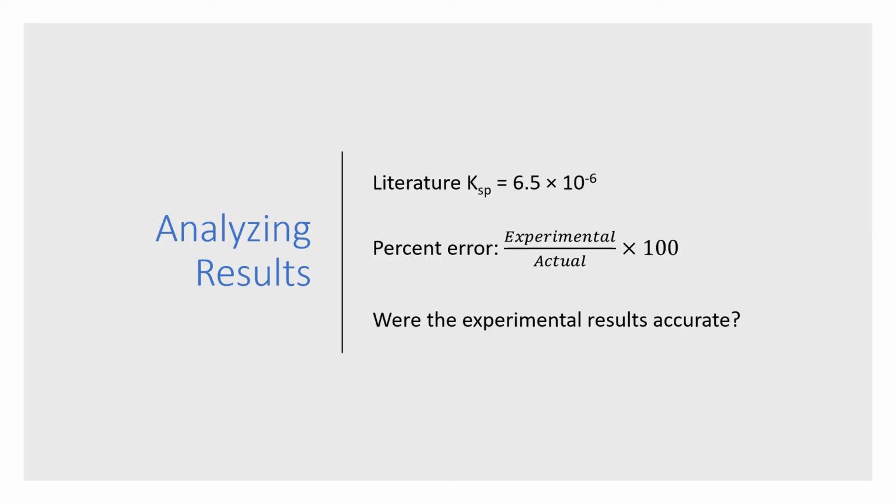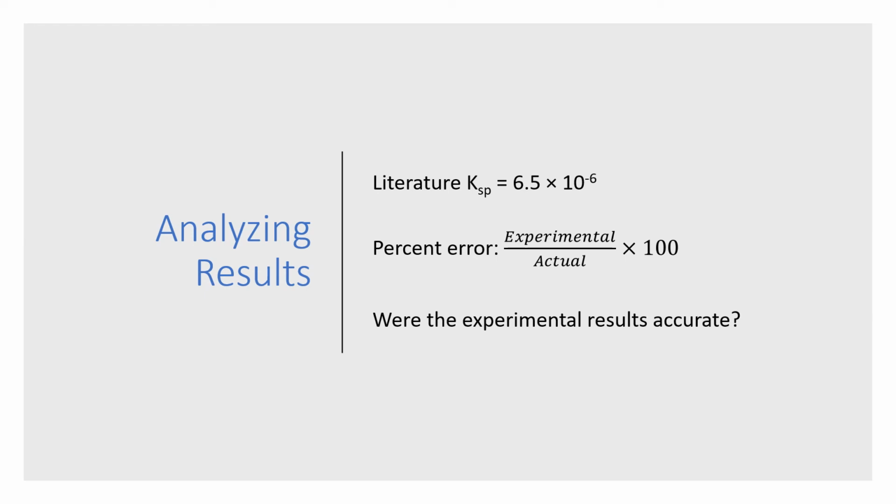To analyze your results, you're given the literature value of the solubility product constant, which is 6.5 times 10 to the minus 6. And so we ask you to calculate the percent error, which is your experimental value divided by the actual value times 100. And I just want you to think about whether your experimental results are accurate or not.